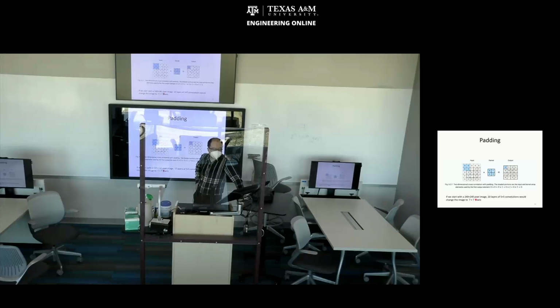So after each layer, you will lose 4 pixels along either direction. Is that right? So it's going to be 200 by 200, right? After each of the layers, you will lose 4 pixels along either direction. That 4 comes from 5 minus 1 and 5 minus 1.